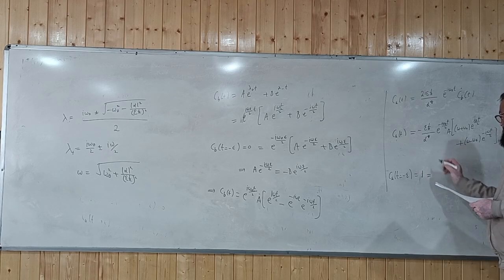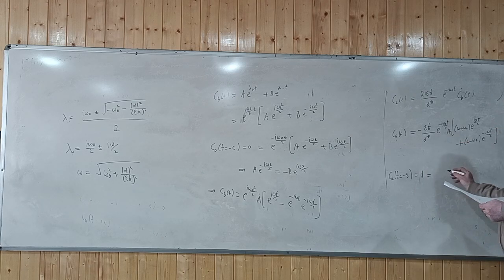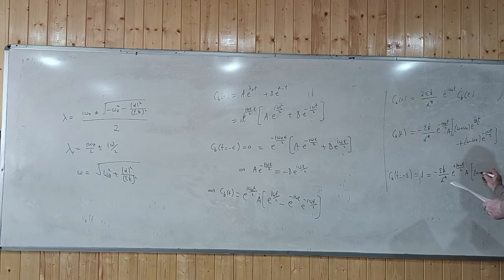Clear? So let's put it. Use this boundary condition and you will get εħ/α* A e^(-iω...) plus ε/2 A (ω + ω0) e^(-iωε/2) plus (ω - ω0) e^(iωε/2). Now you will get a solution for A here.